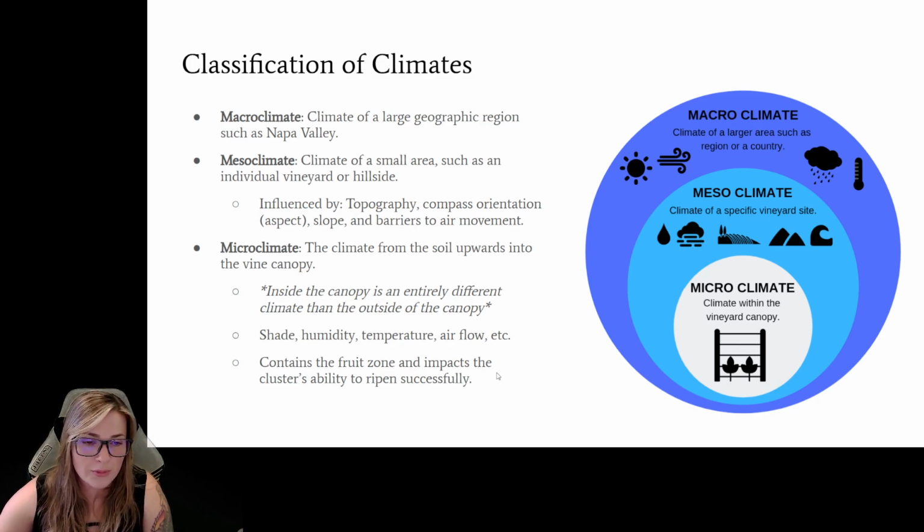This is important because it contains the fruit zone, so where all the fruit is being produced, and as it's ripening, it's going to impact the success of that cluster to ripen properly. So different types of climates to think about on a range. We're going to talk about macroclimate a lot in this presentation, and then we'll get into topography and more like the mesoclimate components in our next presentation, so part 2.